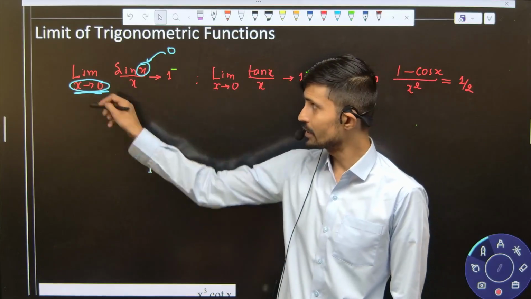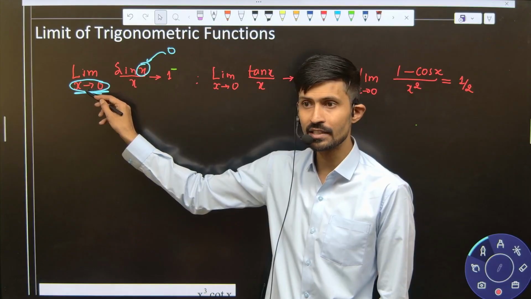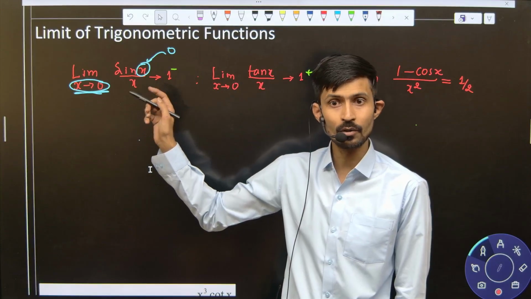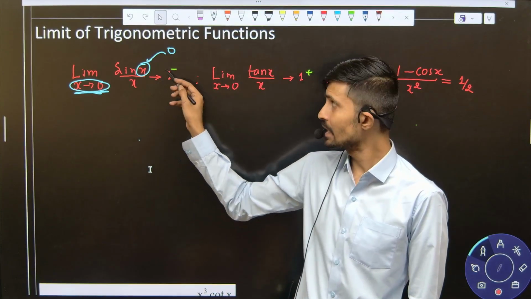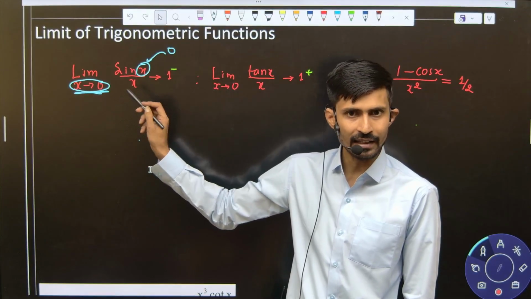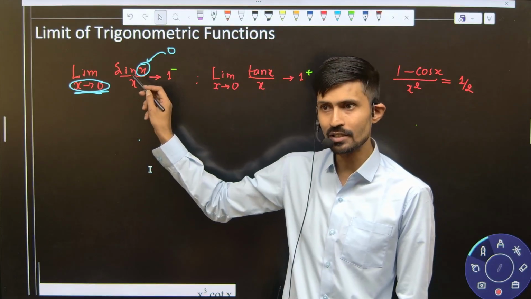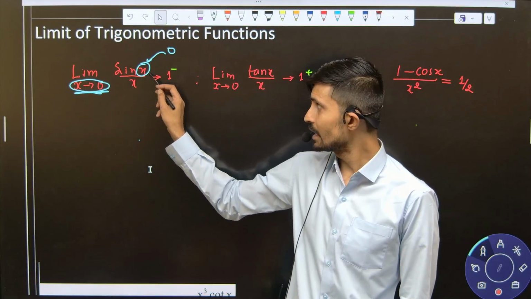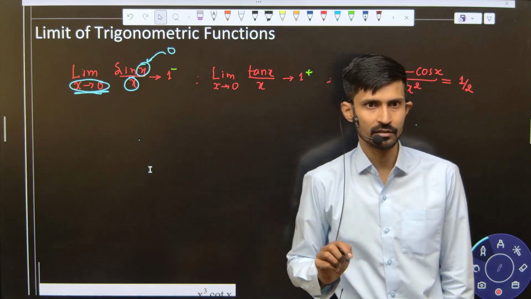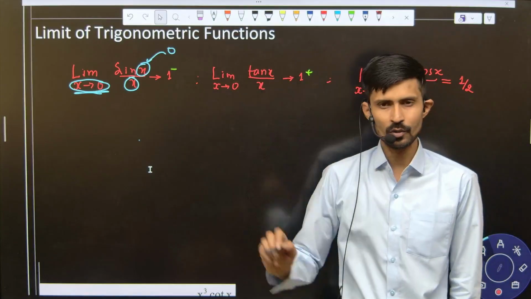Because this whole understanding is saying wherever x is present, x is going to be 0. And what is x? X is the angle of sine. It means whatever limit is there, at that limit, the angle of sine should become 0 and the same angle should be in the denominator. Then only this value is going to be 1 minus.